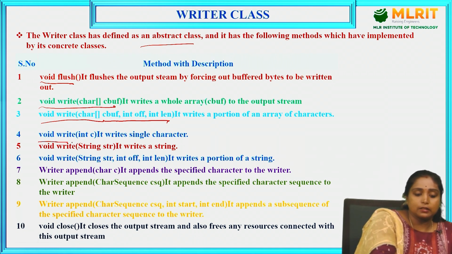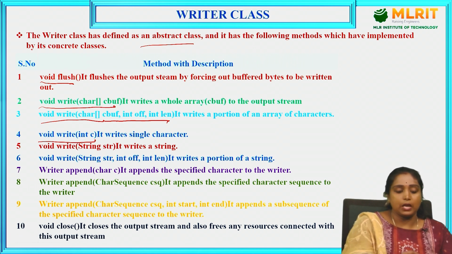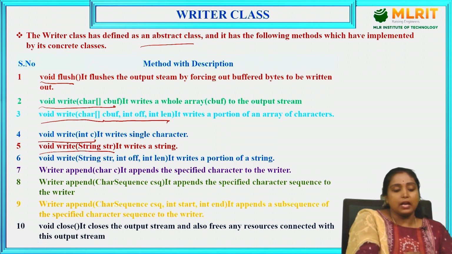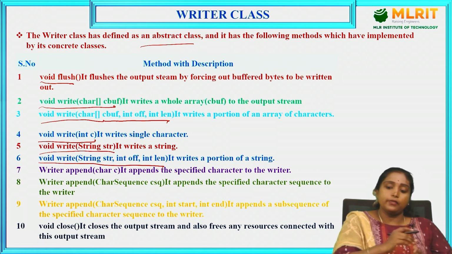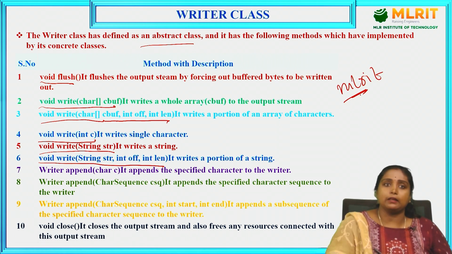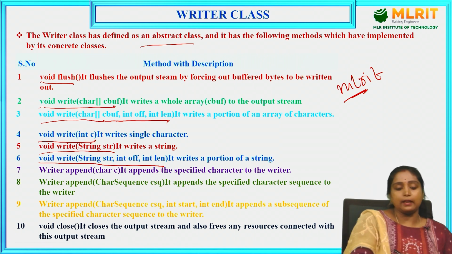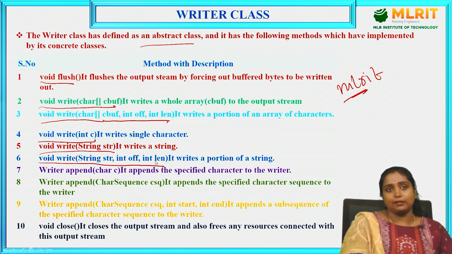And write(int c) writes a single character, and write(String) writes a string. And write(String, offset, length): if I want to take only part of a string, say only MLR from MLRIT, I have to use this one, with the given string, the offset value and the length.